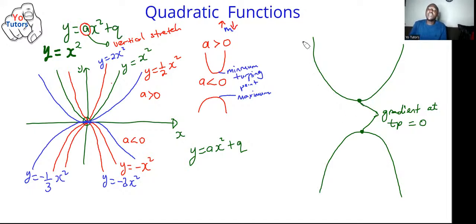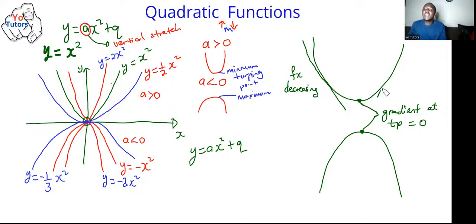In this case, this part here, what is happening here? The graph is decreasing, meaning to say the gradient is negative. So we say f of x is actually decreasing.